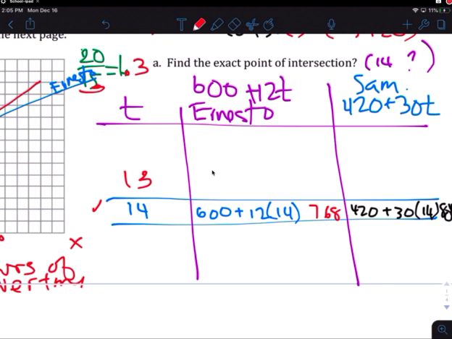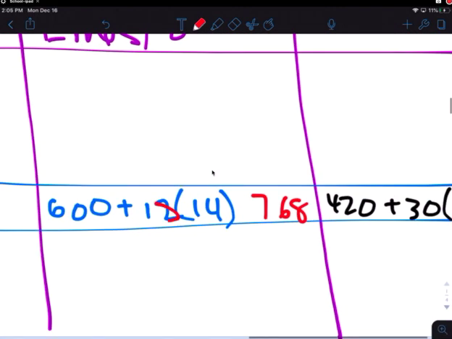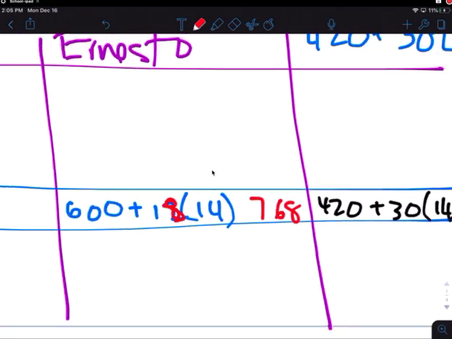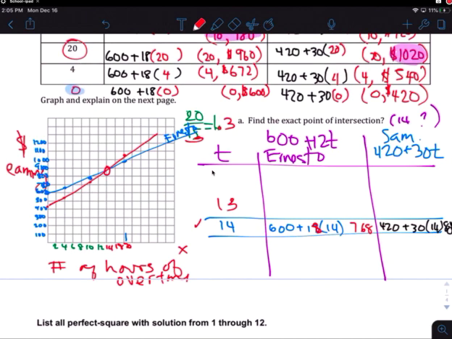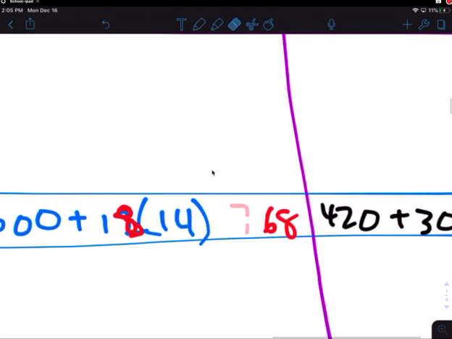This looks so weird. This is 18, that's why. Copied wrong. Okay, got it. I figure 600 plus 18 times 14, 852.